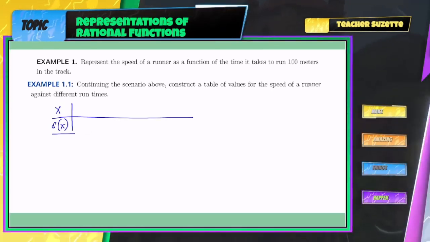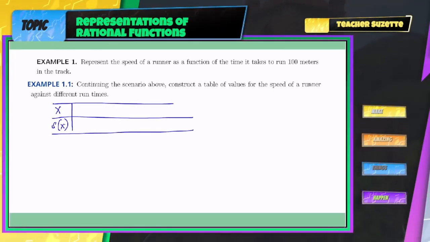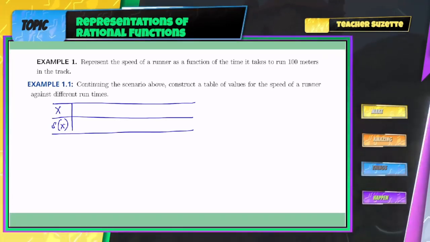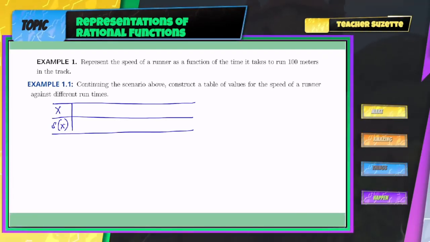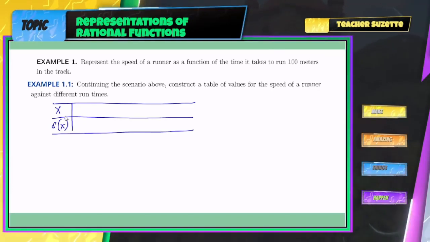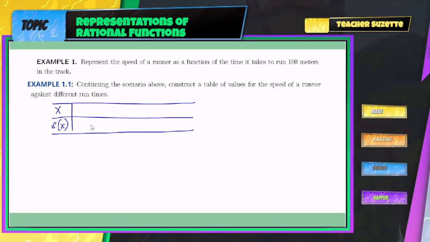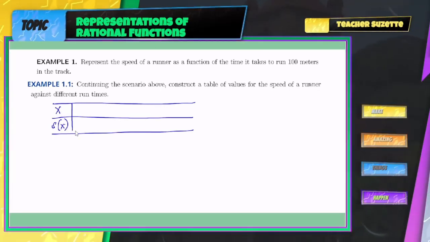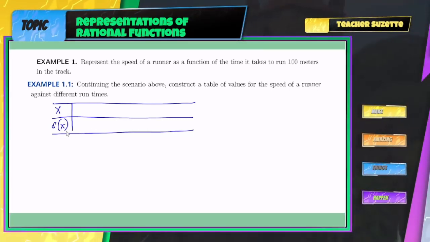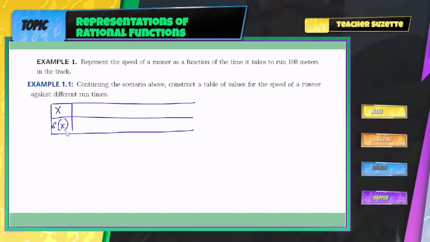In constructing your own table of values, the first thing you have to do is construct your table, and then you will substitute any possible values of x na pwede mong i-substitute sa iyong function para po makompleto mo yung iyong possible values of y or s of x. And dahil nga po na-compute na natin yung ating representation for the function, which is s of x is equal to 100 divided by x.